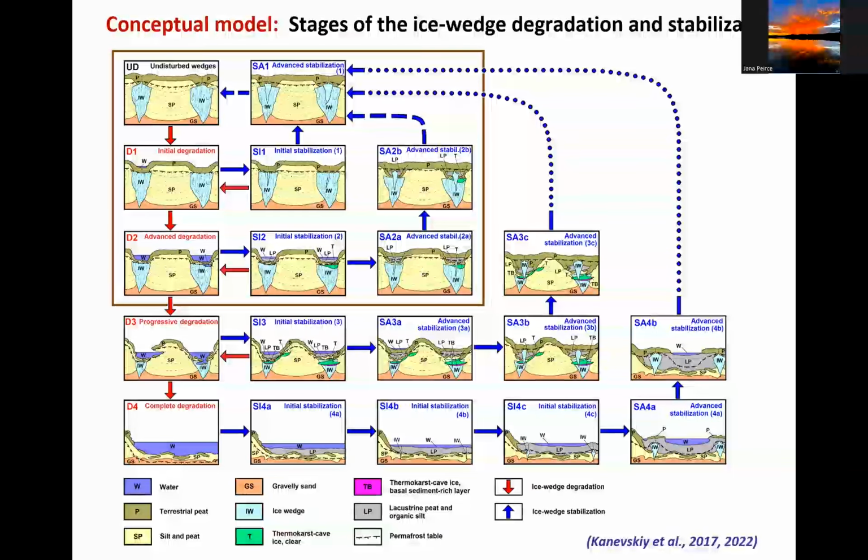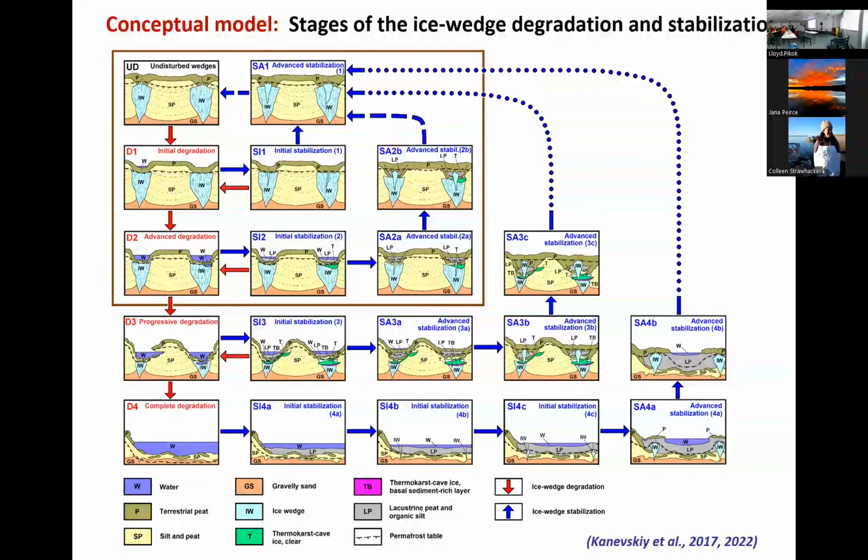The degradational stages are in the left column, but the main idea of this model is that ice wedge degradation can be interrupted and reversed at any degradational stage, and eventually, after several years or several decades or even several centuries, depending on the scale of degradation, the surface will return to almost the same condition with new ice wedges, and of course it will not be exactly the same as we could see before degradation. So we call this process quasi-cyclic.